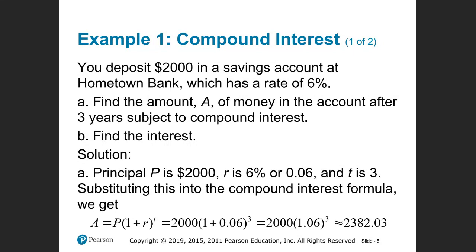So we are going to take the third power of 1.06 because the parentheses tell us that the third power only applies to the part inside the parentheses. So we take 1.06 raised to the third power and then take that times 2,000, which gives us this result of $2,382.03.